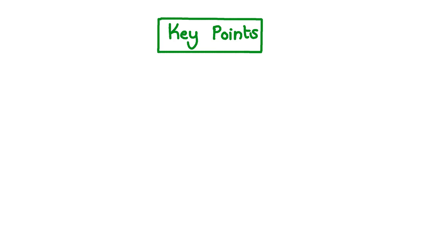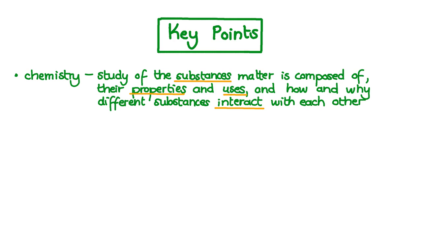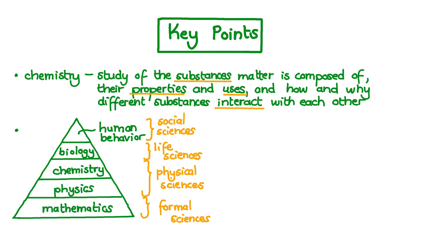Let's wrap up this question of what is chemistry with some key points. We learned that chemistry is the study of the substances that matter is composed of, their properties and uses, and how and why different substances interact or react with each other. We looked at a pyramid of the different sciences and saw that chemistry, together with physics, is a physical science.